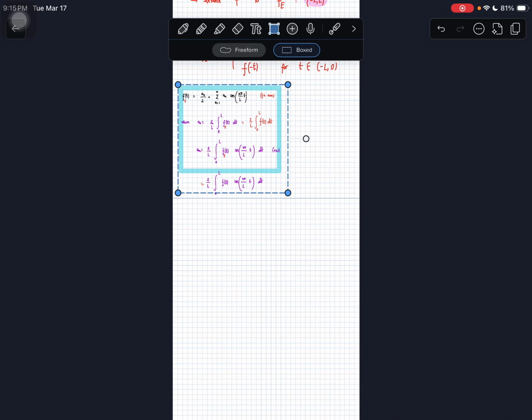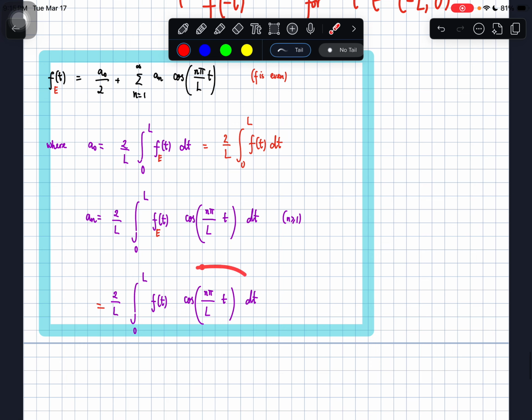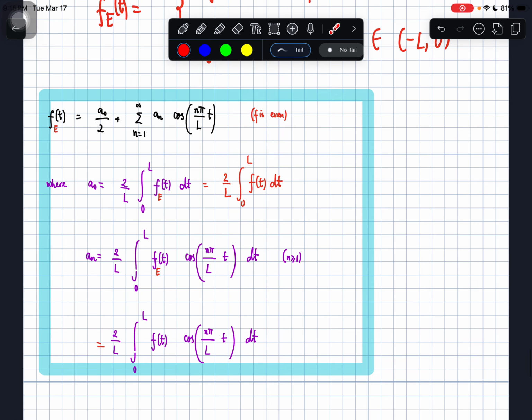So now we have a series, a Fourier series that contains only the cosine terms, and this one we call the Fourier cosine series of f.